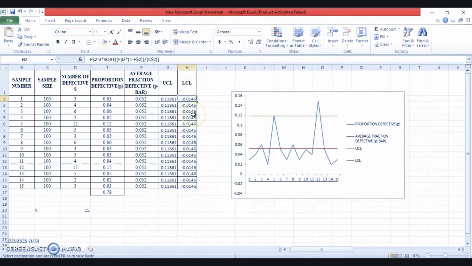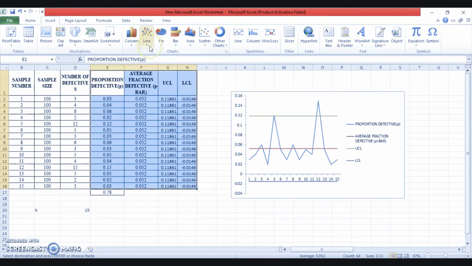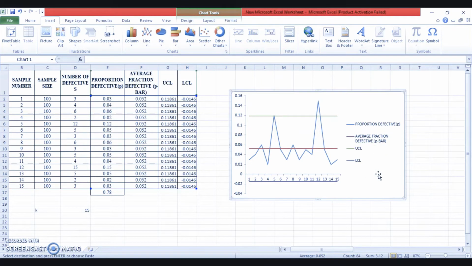By using those formulas and selecting these four values, with the help of the insert tab I took the line chart and prepared this P chart, right? And you remember last time we said that this LCL value shown here is negative, which is not possible.